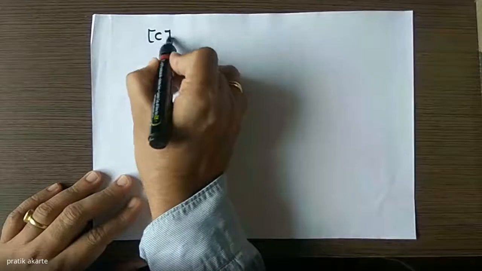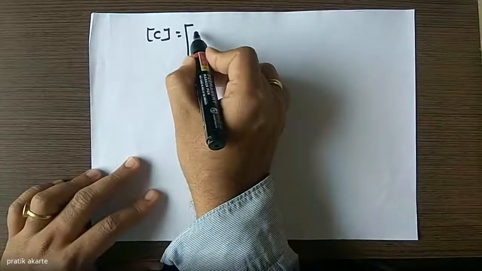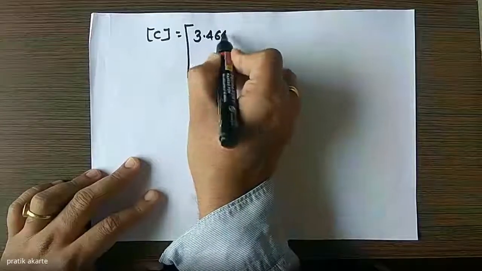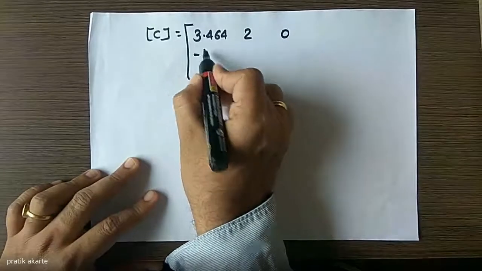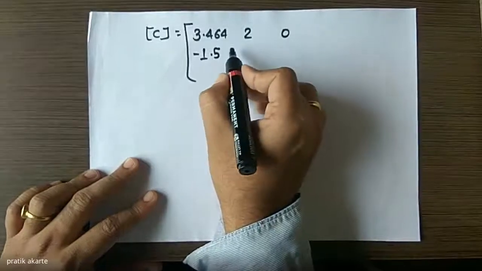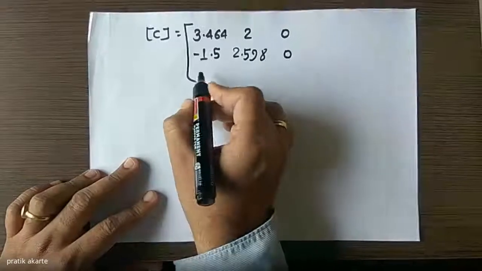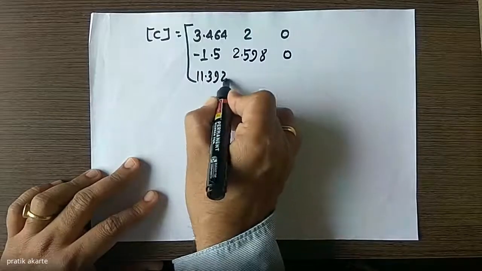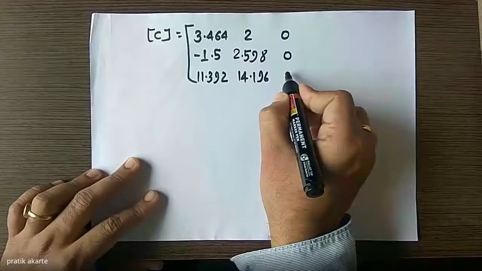So after multiplication you will get the final composite, concatenated transformation matrix as 3.4641, 0, 0, minus 1.5, 2.598, 0, 11.392, 14.196 and 1.